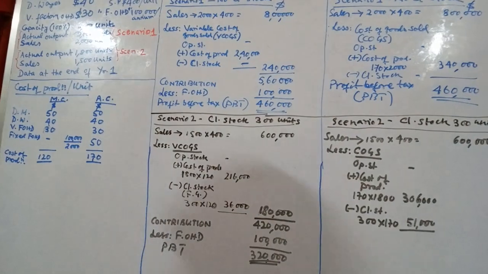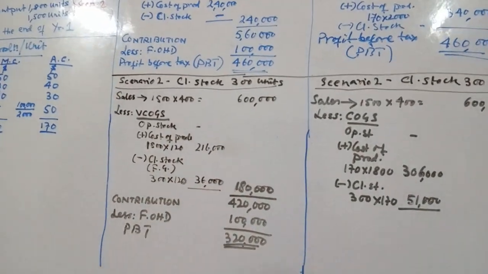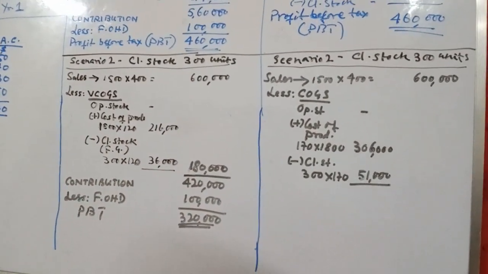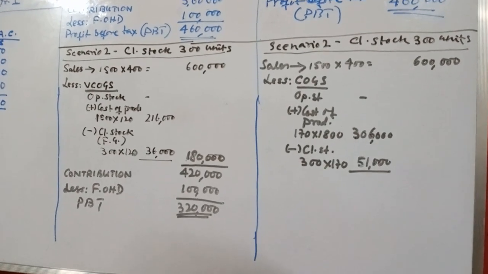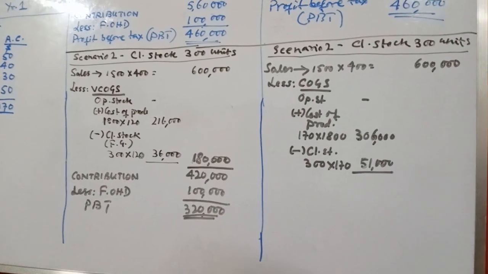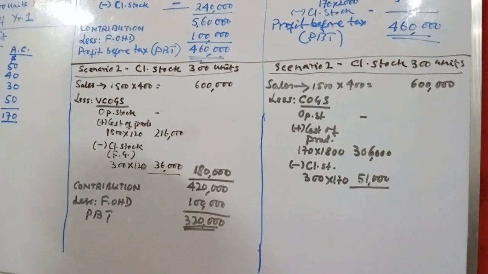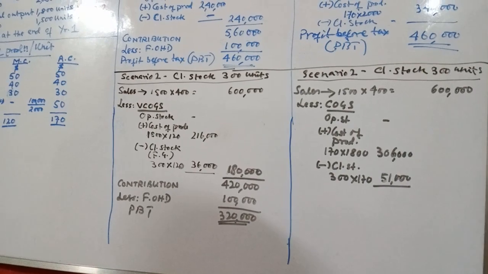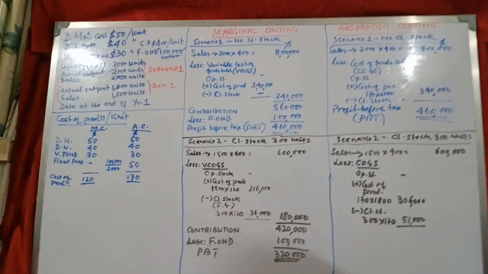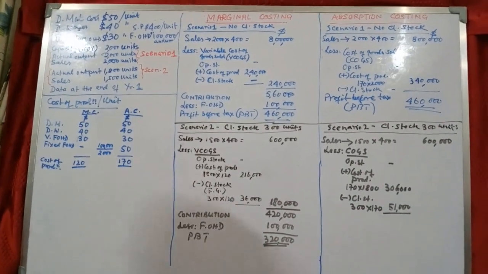So we deduct 306,000 minus 51,000. We get 255,000.